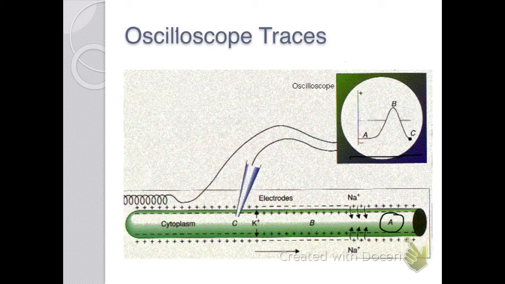So for example, location A is in resting potential, while this B area, the internal chemistry is positive, so we know that this is the area of the action potential. And so we're able to see what is the internal chemistry by using an oscilloscope.